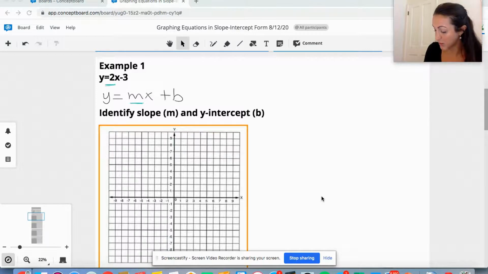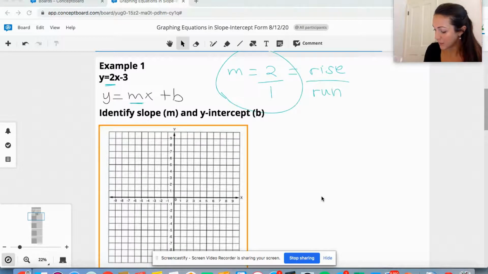Our slope is equal to 2. And as we said, it's a rise over run, or change in y values over change in x values. So we need a denominator here, and that denominator is going to be 1, because any number over 1 is itself. So our slope is 2 over 1.